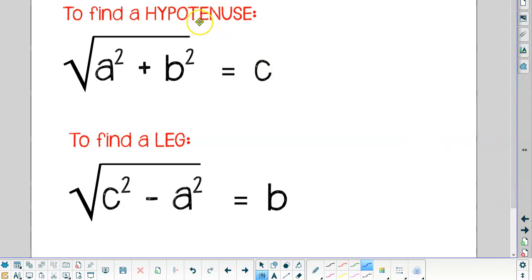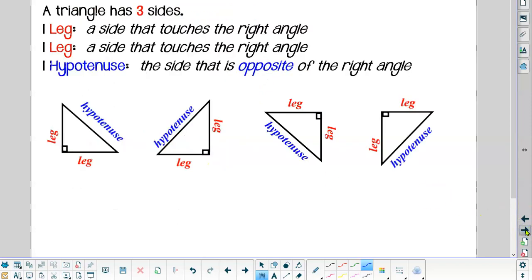You need to first determine, are you looking for a hypotenuse or are you looking for a leg? So don't forget, the legs are the two sides that form the 90-degree angle, and the hypotenuse is the longest diagonal side across from the 90-degree angle.